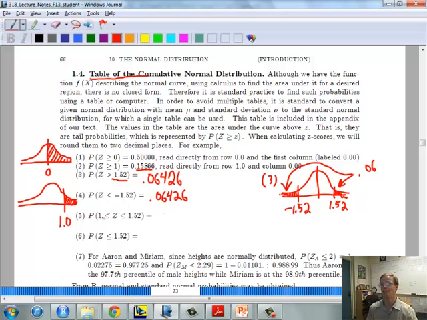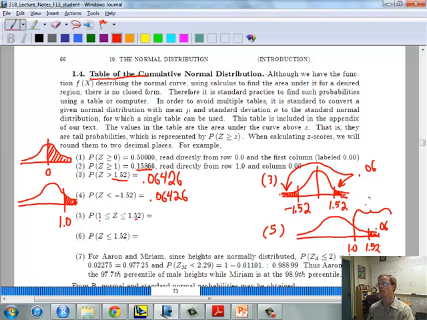Now, what if we do number 5? The probability that z is between 1 and 1.52. I'm going to go ahead and sketch a fresh example here. But we already know 1, and we already know 1.52. Okay, 1.52 is about 0.06.